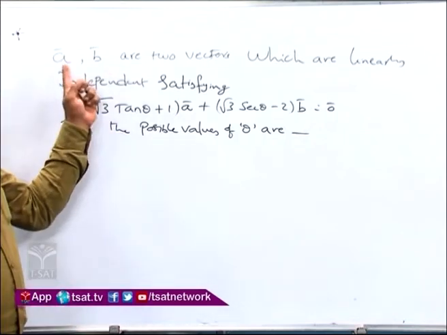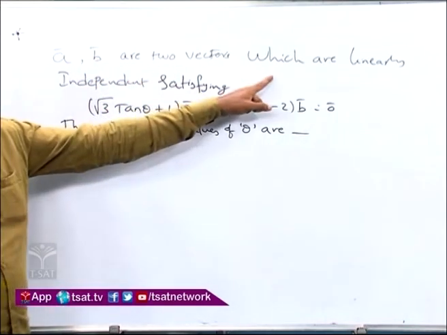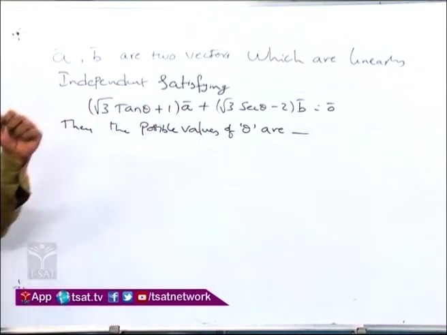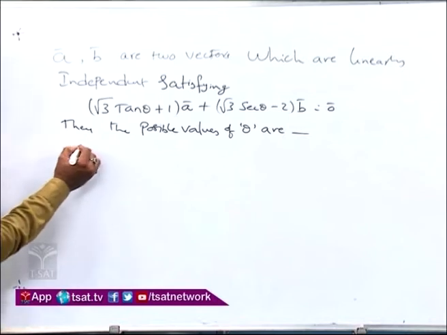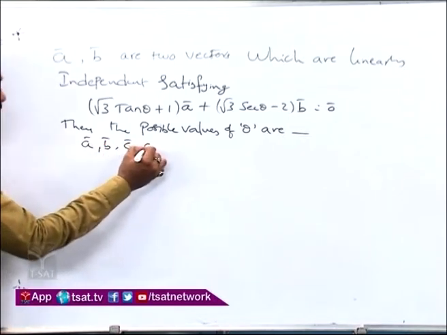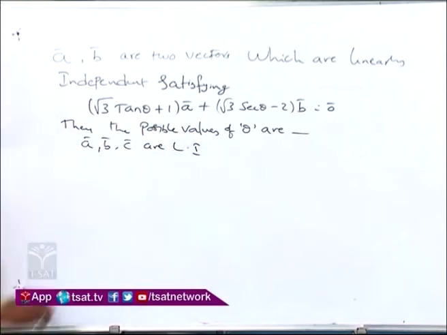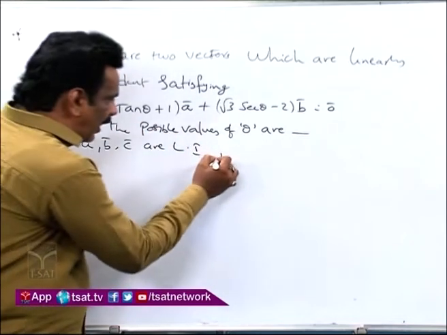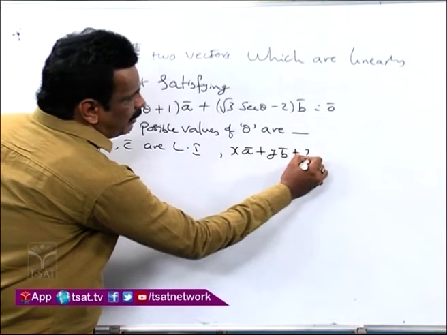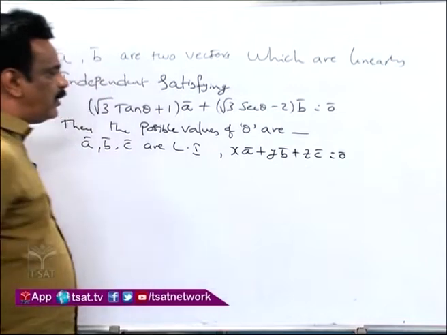So here the concept is A and B are vectors which are linearly independent. As they are linearly independent, first we must remember one concept here. A bar, B bar, C bar are linearly independent, and the condition x A bar plus y B bar plus z C bar equal to null vector.